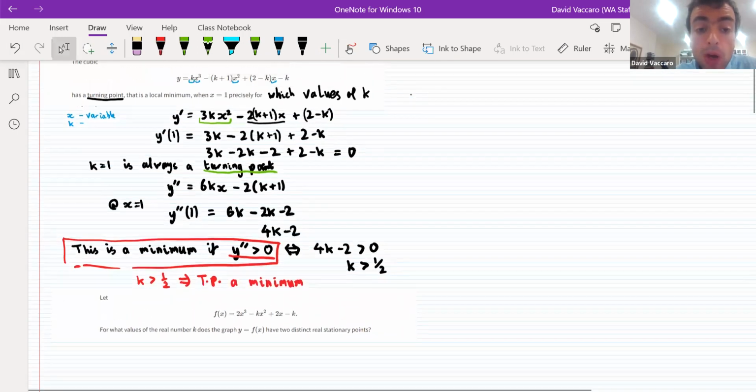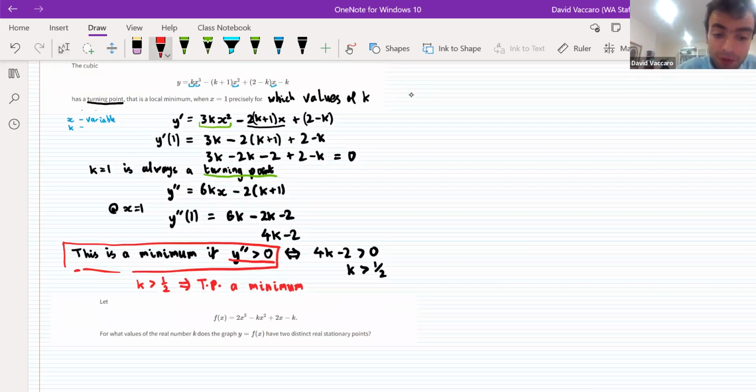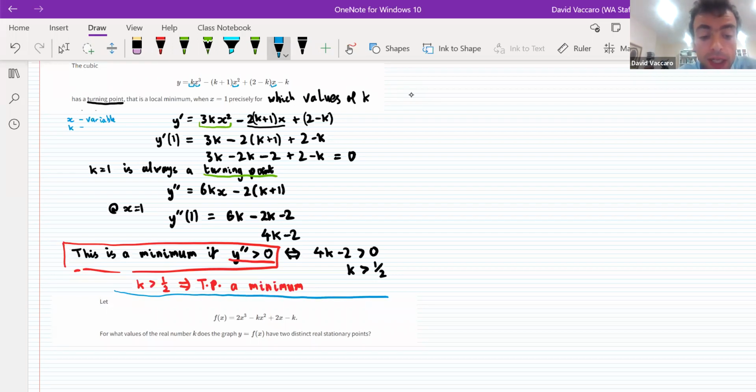But at the moment, if you look at my logic, I've only shown that if k is bigger than 1/2, that implies that the turning point is a minimum. That's all I've written up to this point. Now, to complete the proof, I should really try and show whether any other values of k give a minimum. Now, what I know is that the turning point is a local maximum, so not a minimum.